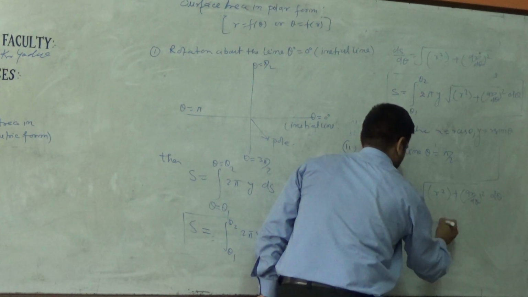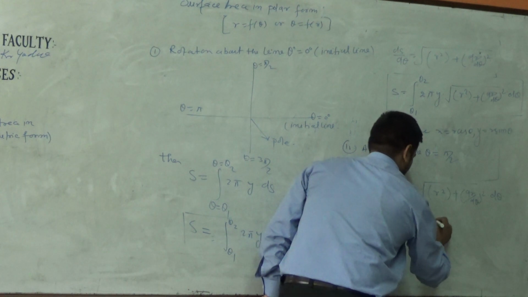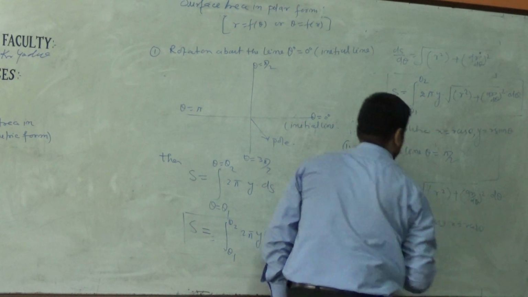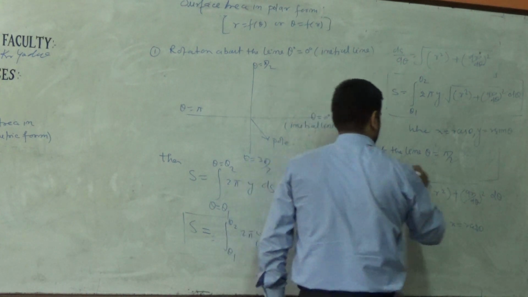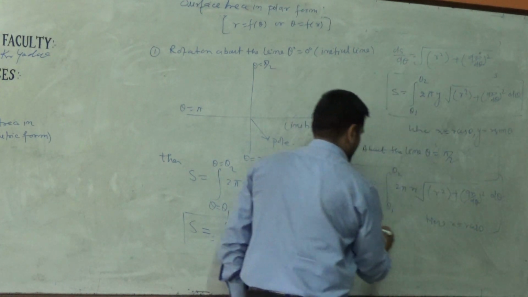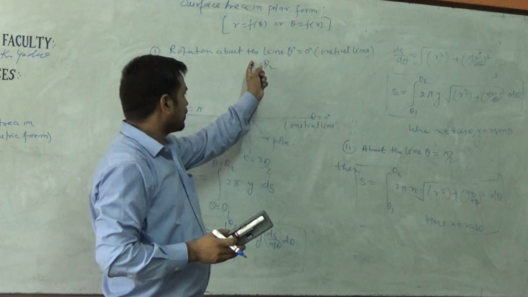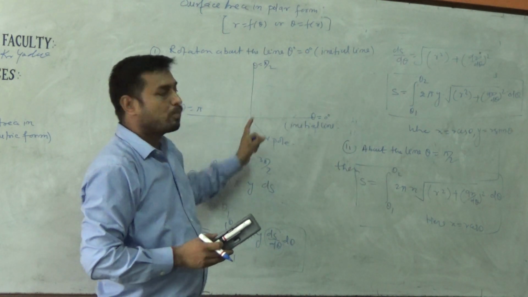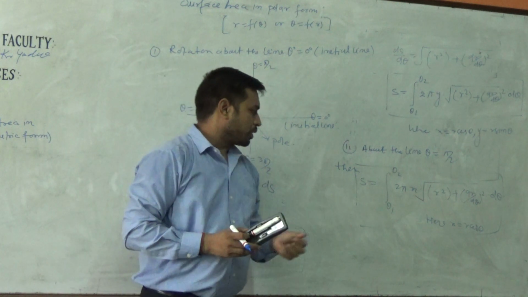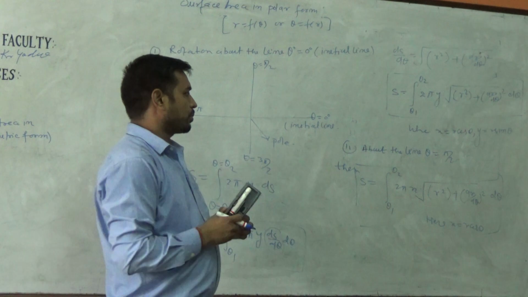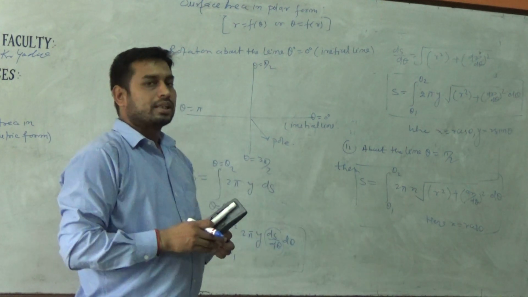Here x equals r cos theta. That is the second formula of surface area when the curve is rotating about the line theta equal to pi by 2. In the same fashion, we consider some numerical problems related to these formulas.